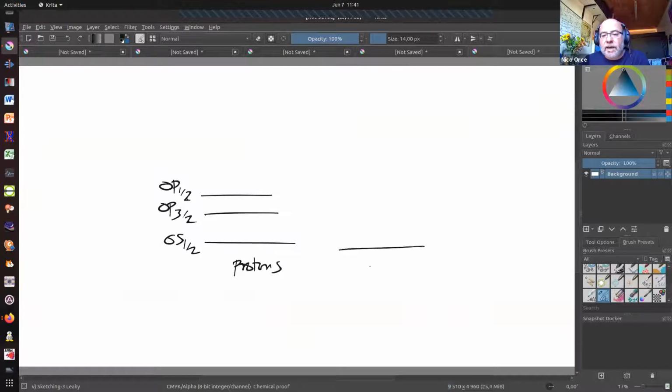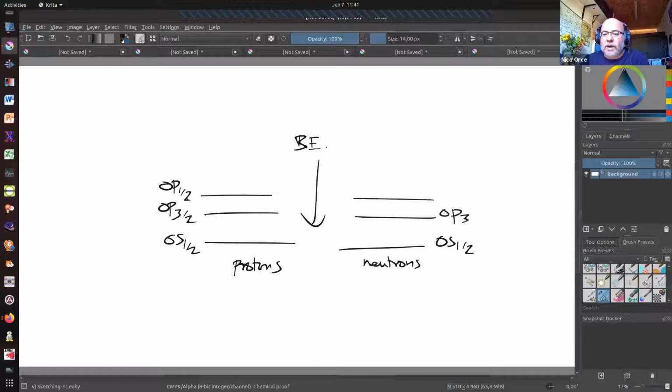And a little bit down here, always remember that the neutrons are a little bit deeper in the binding energy, because they have no charges. So 0s 1/2, 0p 3/2, 0p 1/2, and then the next one is the magic number 0d 5/2.